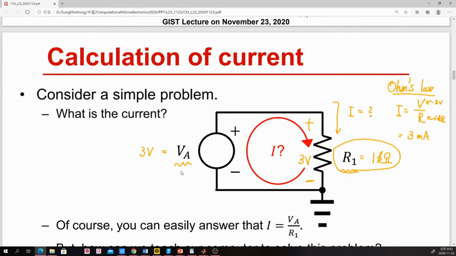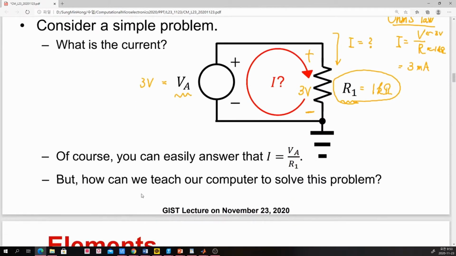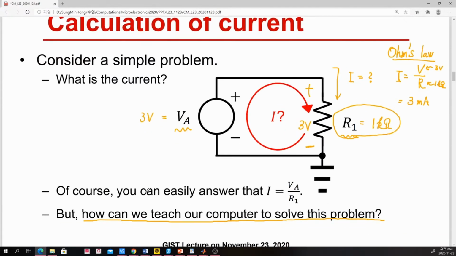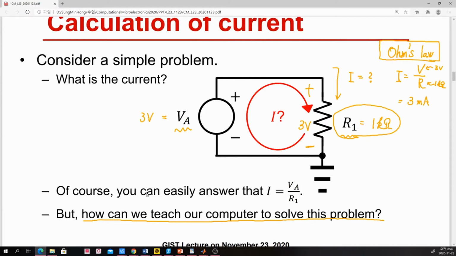I guess that to all of you, that seems trivial. But the point is, how can we teach our computer to solve this problem? For example, we can apply Ohm's law. Yes, but in order to apply Ohm's law, we have to understand that the voltage across the resistor should be 3 volt.